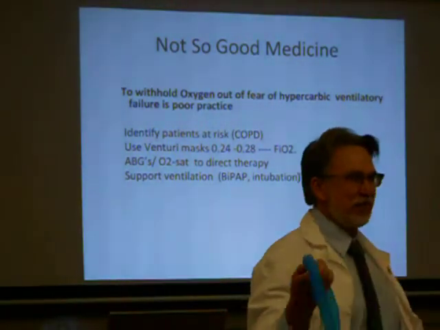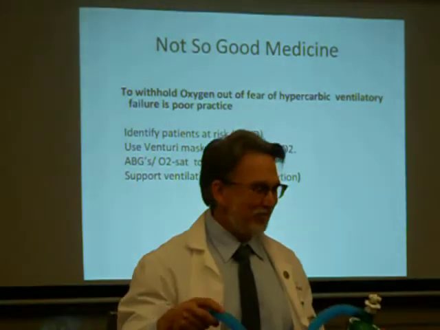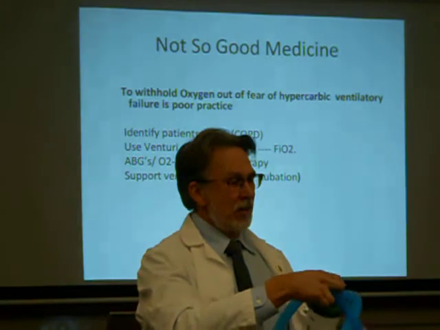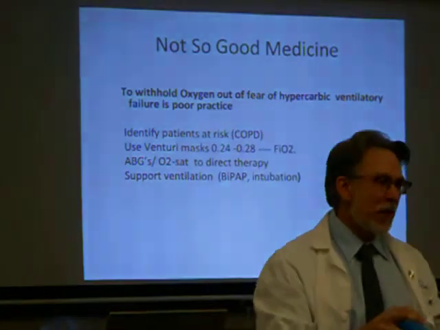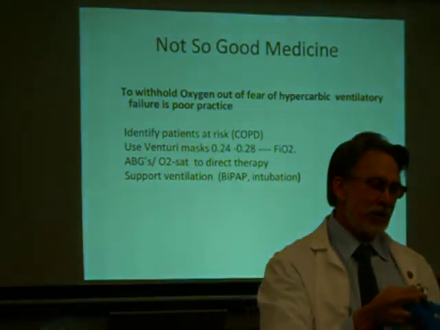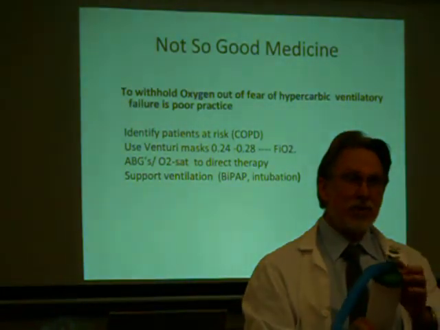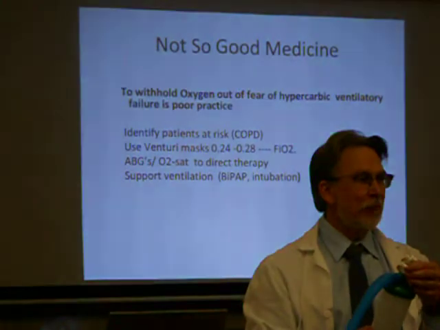How about this guy? Want to use this guy? Well, this is kind of like a venti mask, and you can set different concentrations of oxygen on this by moving this dial.